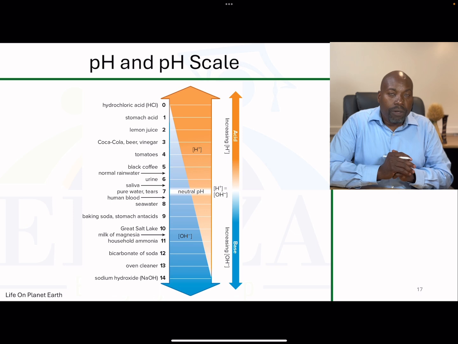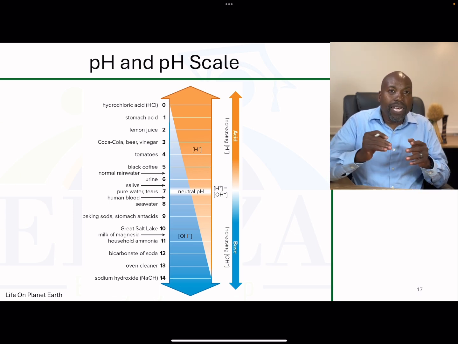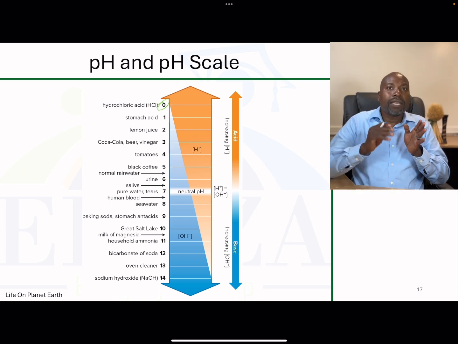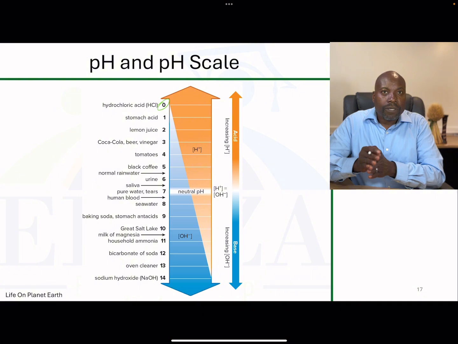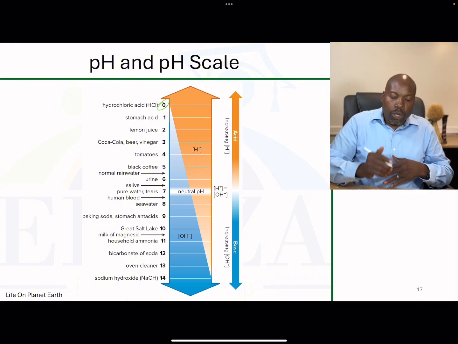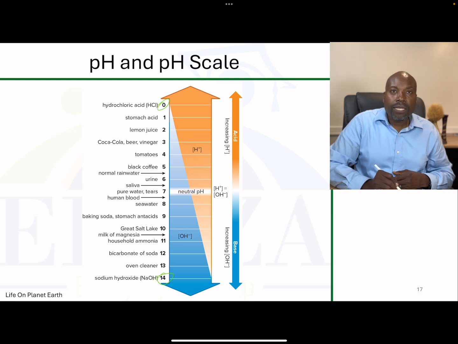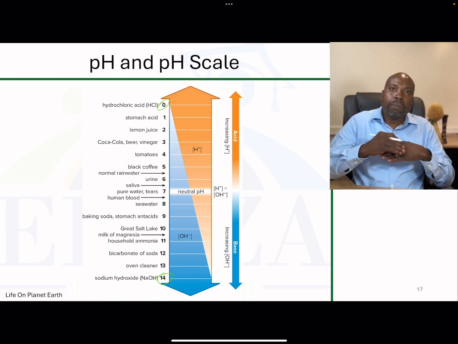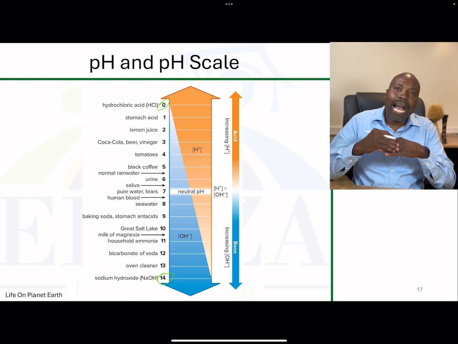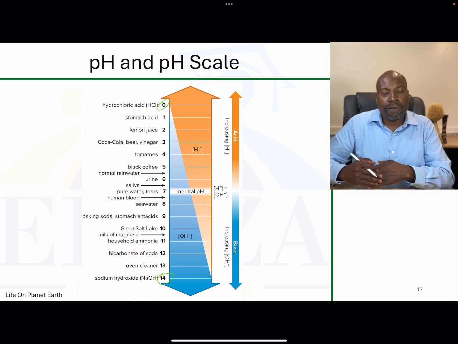Now here, I'm showing you a pH scale. That pH scale varies from 0 being extremely acidic with high concentration of hydrogen ions to 14, meaning very basic, high concentrations of hydroxide ions and low concentration of hydrogen ions.